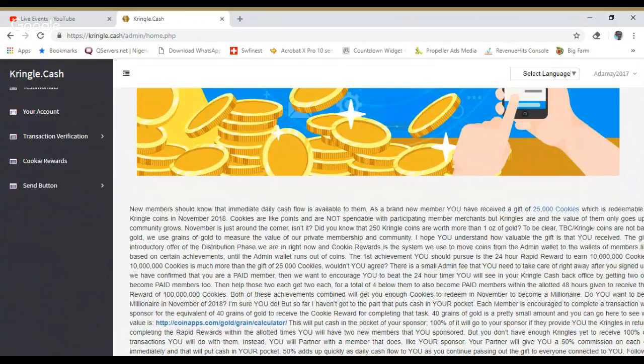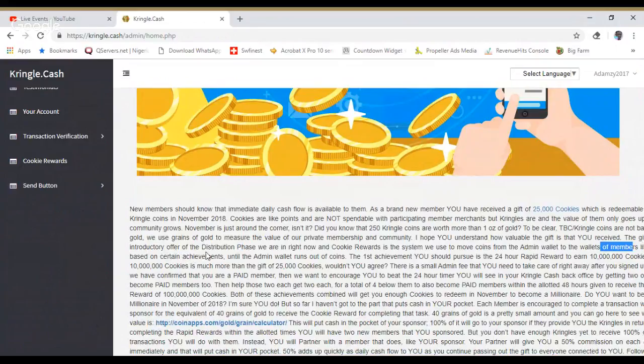TBC/Kringle coins are not gold, but we use grain of gold to measure the value of our private membership and community. I hope you understand how valuable the gift is that you receive.